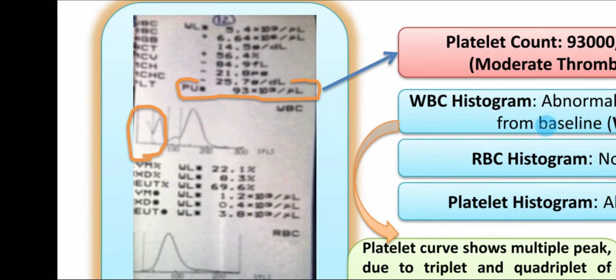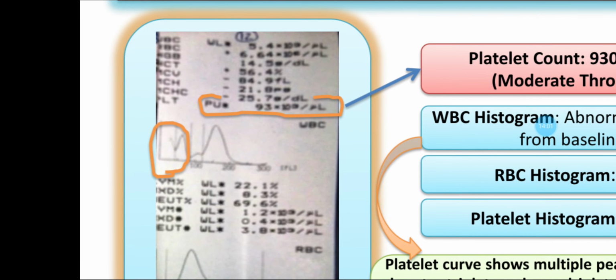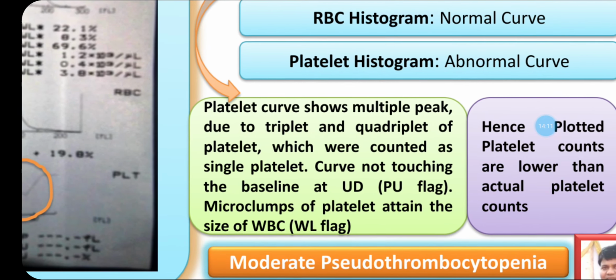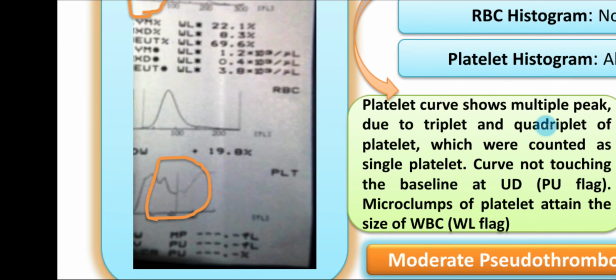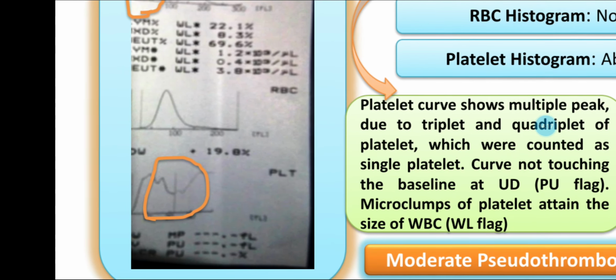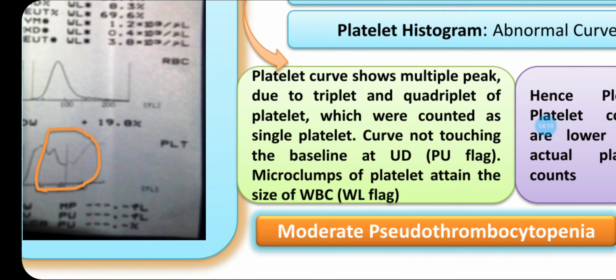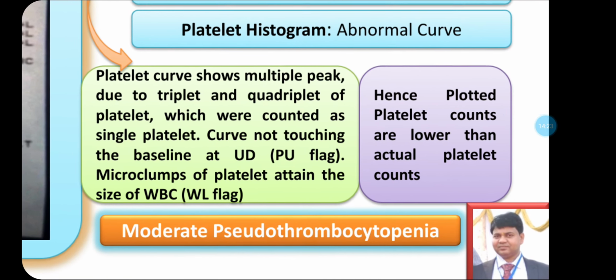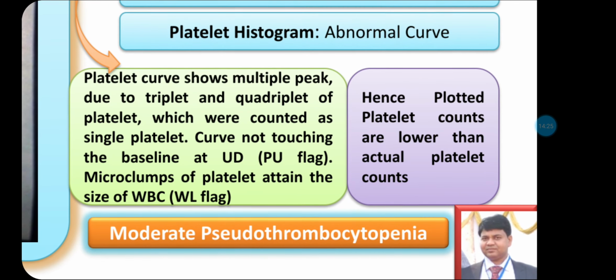So the plotted WBC count is also a false count, and the differential of this is also basically false. When both the curves, especially the WBC curve and the platelet curve, are abnormal, you can easily interpret that the counts which were plotted are actually lower than the actual platelet counts.